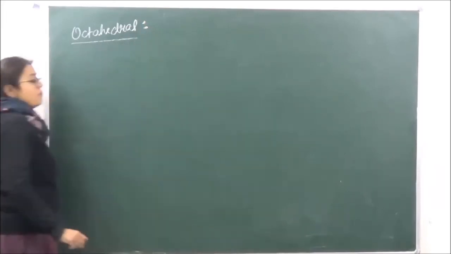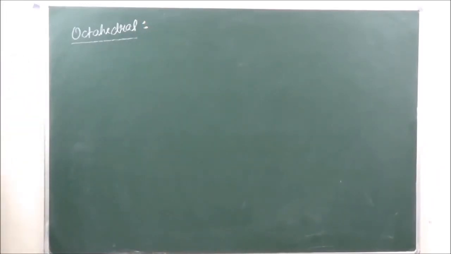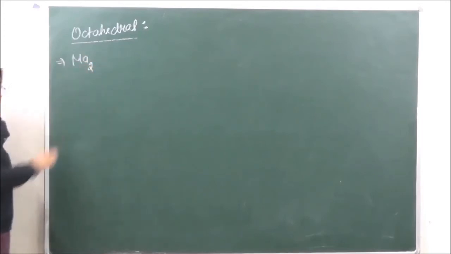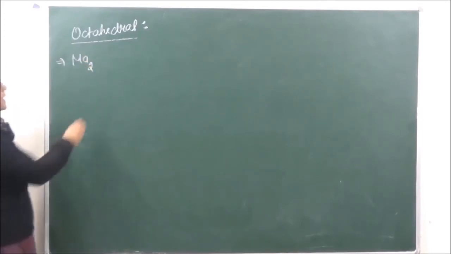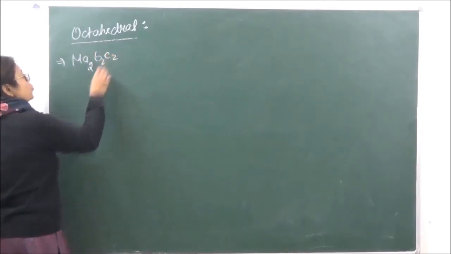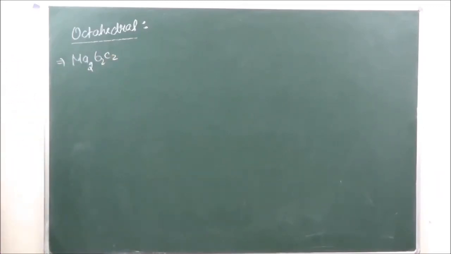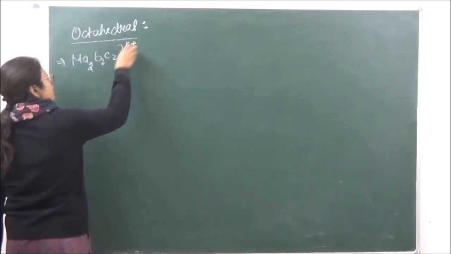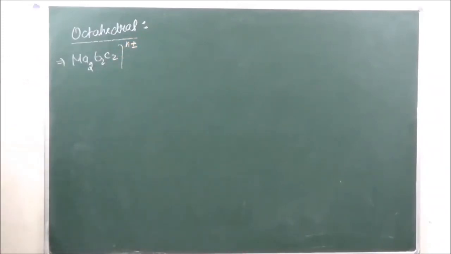We are talking of octahedral complexes which are going to be optically active. So compounds of the type Ma2b2c2, it may be a cationic species or an anionic species.